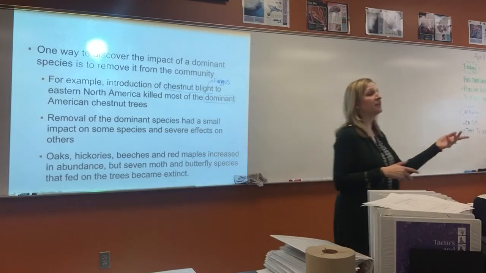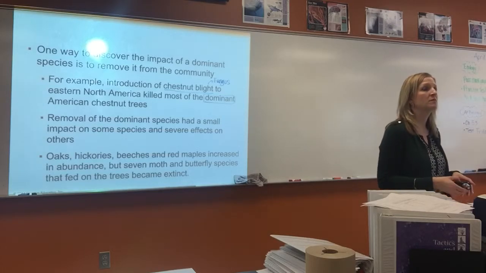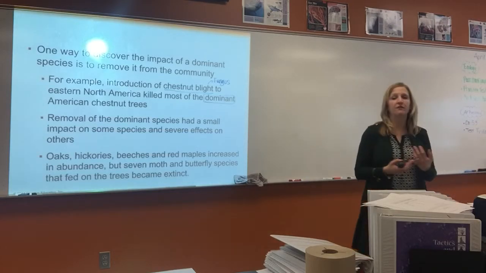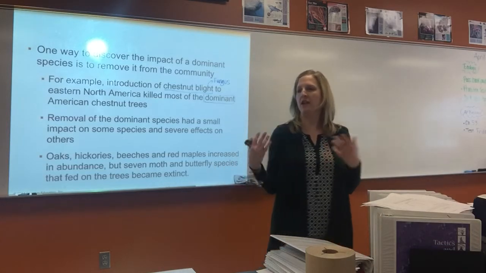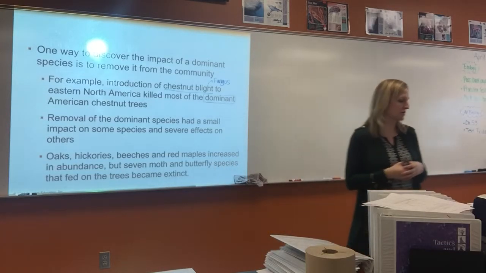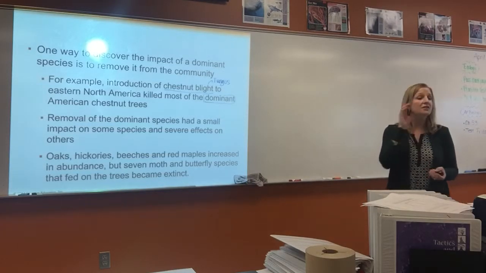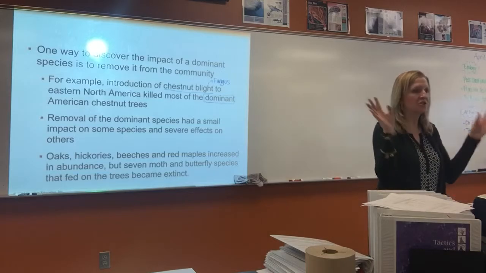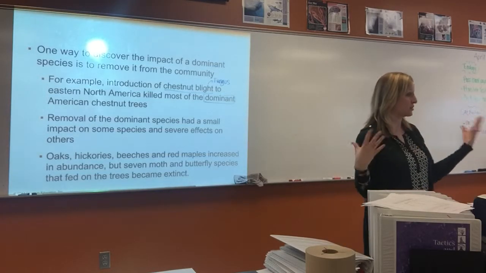And they can fill that up because there's more space, less competition for resources, so they have more resources available to them, and so they can use those resources, whereas the chestnut tree was taking those resources before. So they found that the chestnut trees kind of were limiting the growth maybe of the other trees.